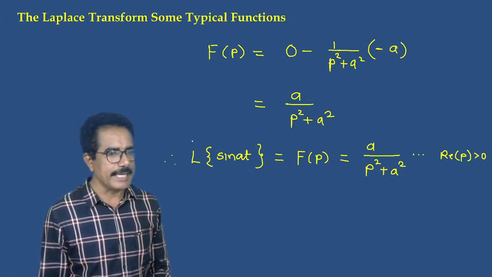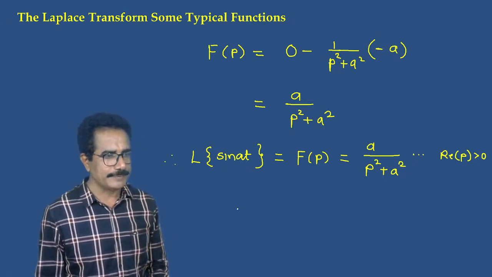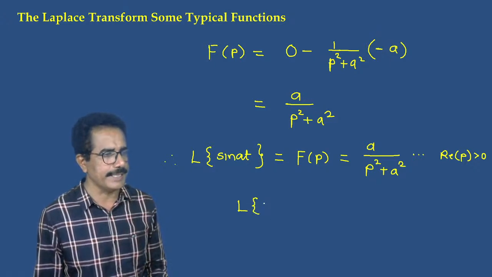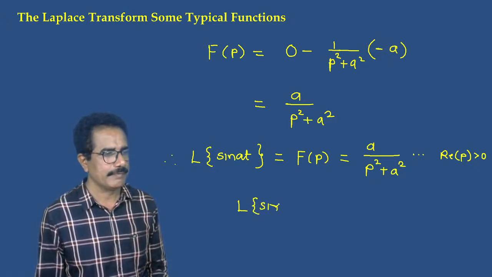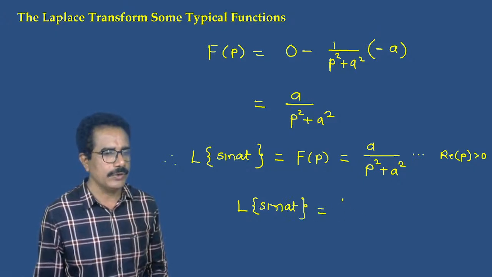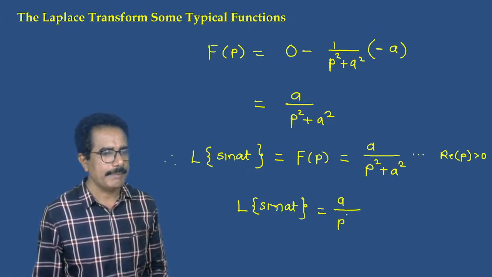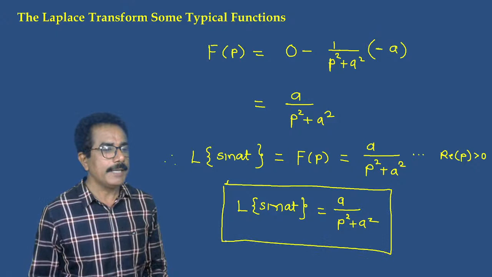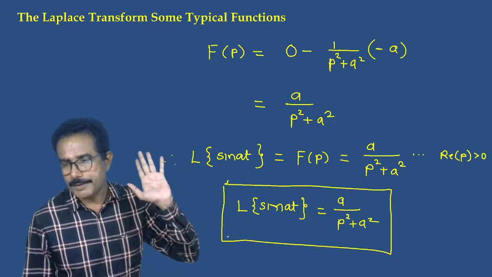So this is the Laplace transformation of sin at, which is equal to a divided by p square plus a square. This is the typical function, that is sin at.